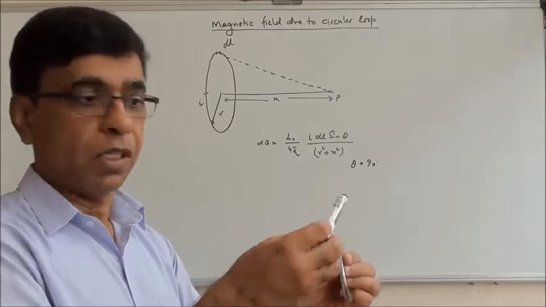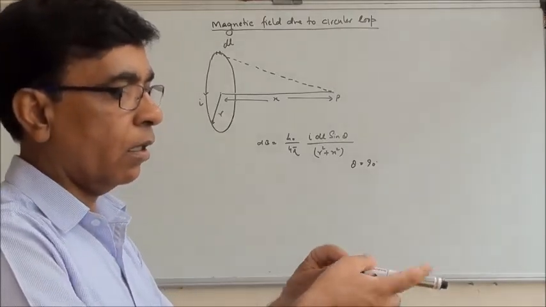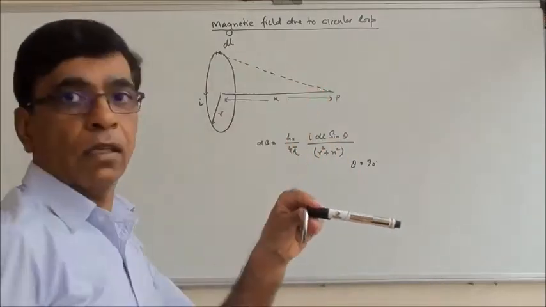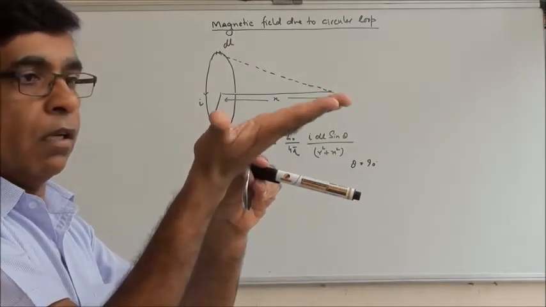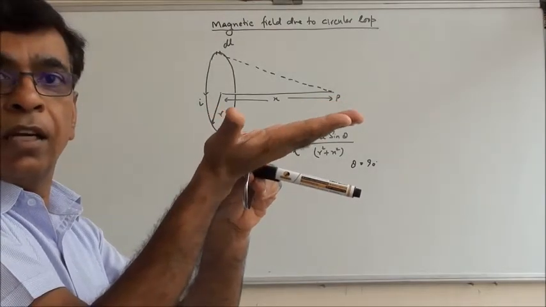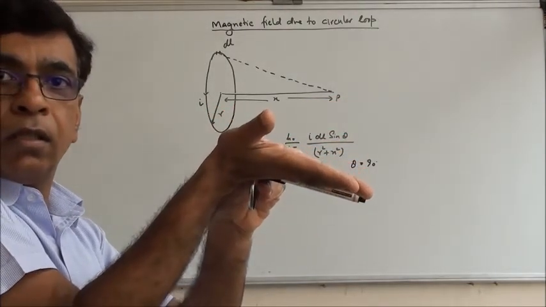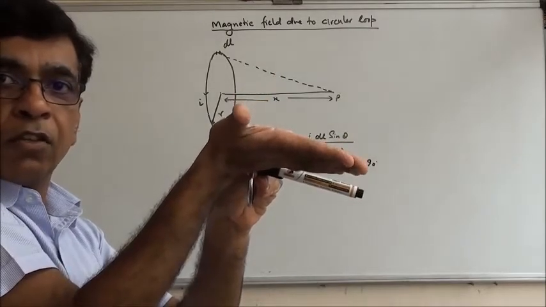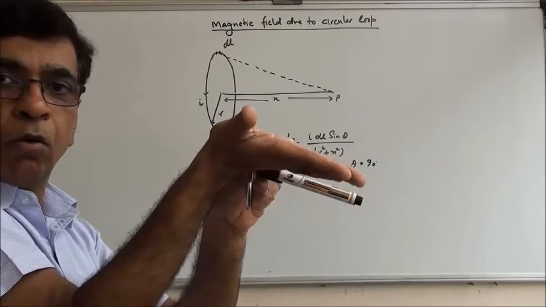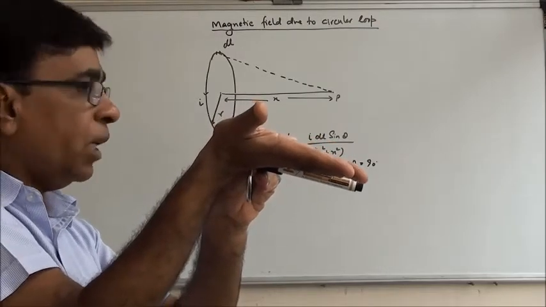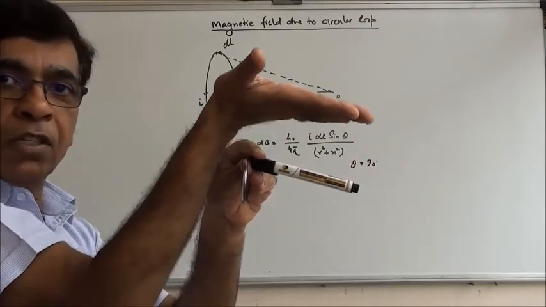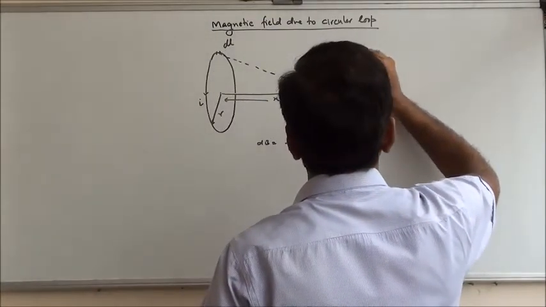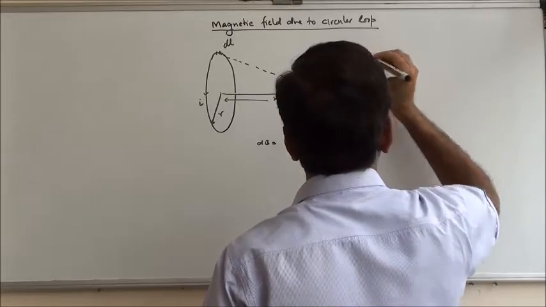Current is towards us and this is this vector. Again, see, thumb towards the current and these fingers here, perpendicular to it. This is the direction of the field. So this is outward, the fingers towards the point P and perpendicular to it is the field. So it means this will be the direction of the field.